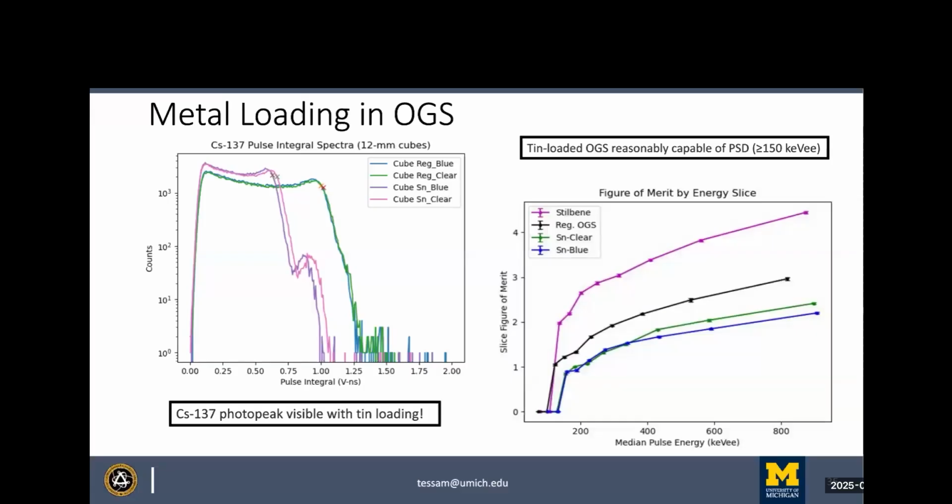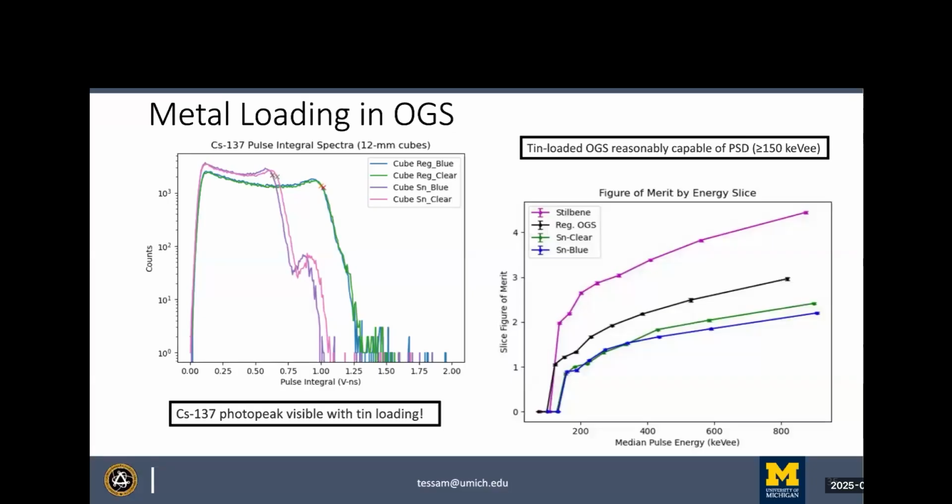You can see that the light yield or location of the Compton edge is a bit depressed with the tin-loaded glass, but you can see a photo peak to the right of it, whereas with the regular glass, it's just noise.